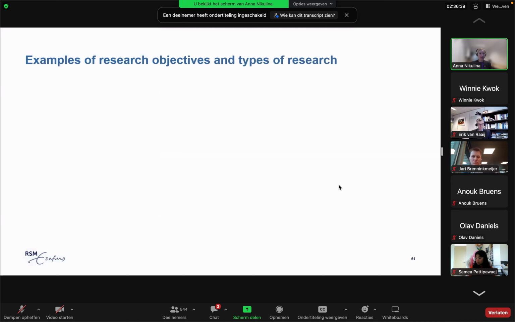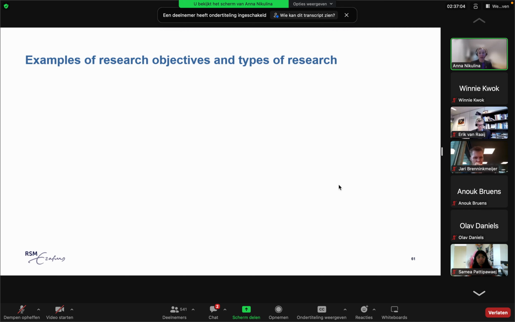So this is probably a lot to digest, and I think today is maybe the most difficult lecture to digest, because this is something we are trying to lay as a foundation for the rest of the weeks. But I would like you to think a bit now and test how you understand these different research objectives and types of research. I'm not going to use Mentimeter anymore. I'm just going to ask you to put some answers in the chat.